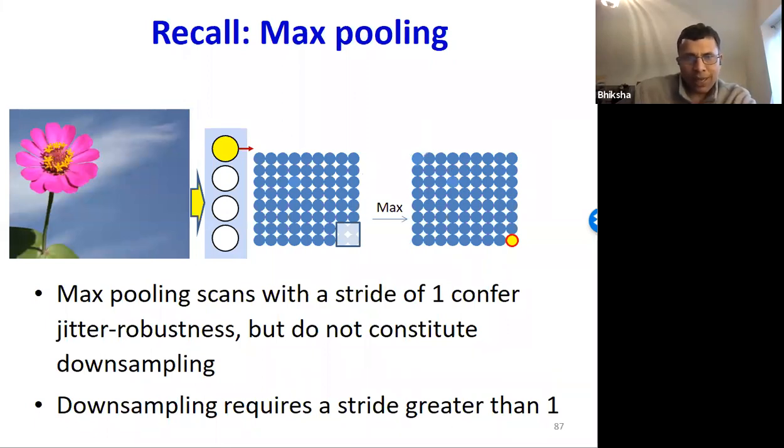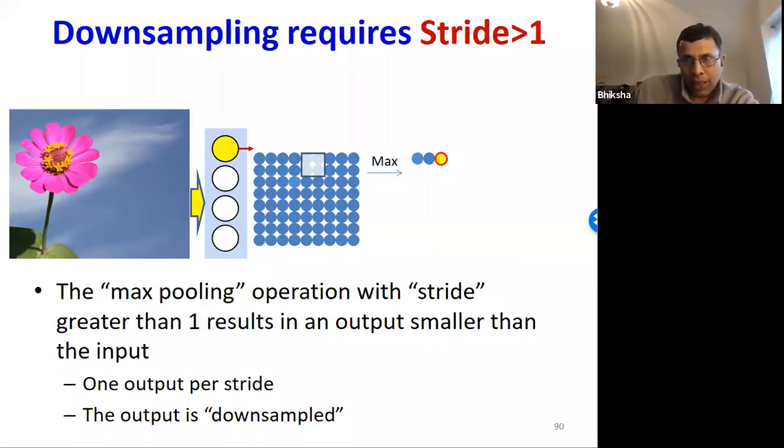Now, striding in this manner doesn't really give you downsampling because the output map is going to be almost the same size as the input. So to obtain downsampling, the max pooling will require a stride greater than 1. Typically, you pick up the max from the small window, then you stride forward by more than 1 column, and then pick up the max and keep doing that. And when you stride down, you'd stride down also by more than 1.